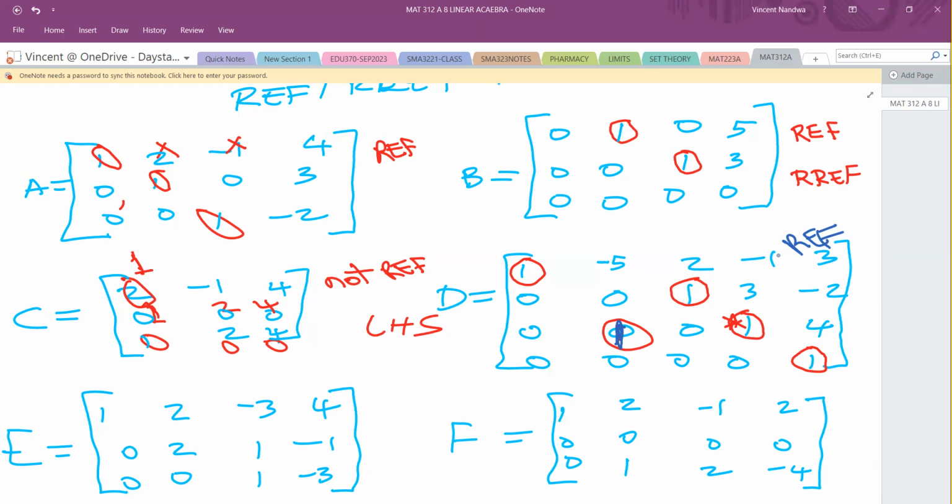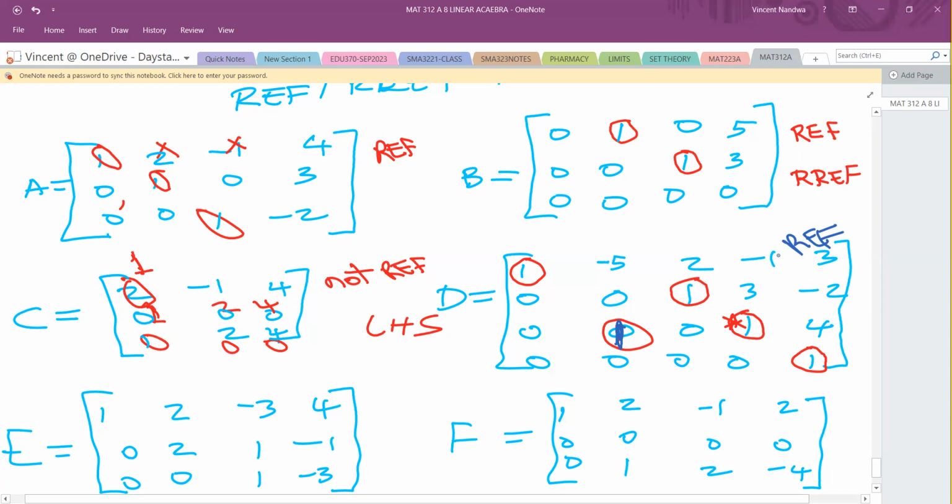Remember we said that once we have confirmed that the matrix is in row echelon form, to check that the same matrix is in reduced row echelon form, you just identify where the leading ones are. Once we have identified where the leading ones are, check that everywhere there's a leading one, that column has the leading one as the only non-zero element.